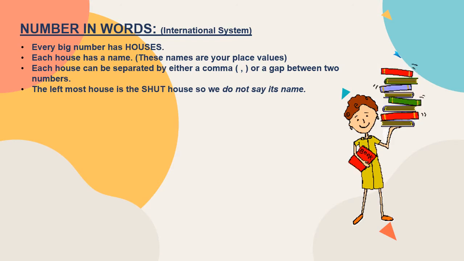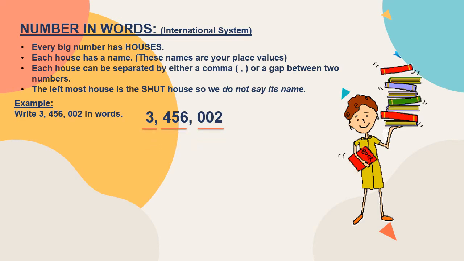Let's have a look at some examples. First question says, write 3456002 in words. So first step is to group up the number into houses. The ones house comes first, then we have thousands, and then millions. Remember, the houses start from the last group.